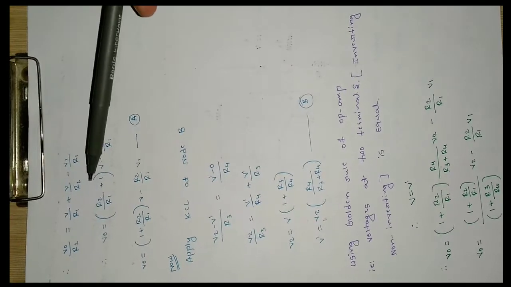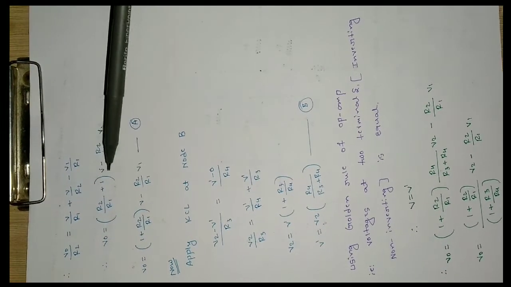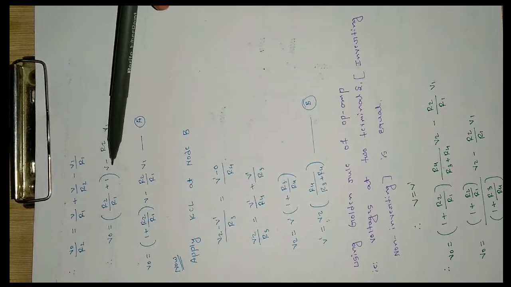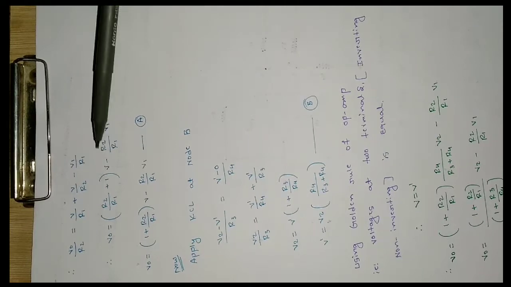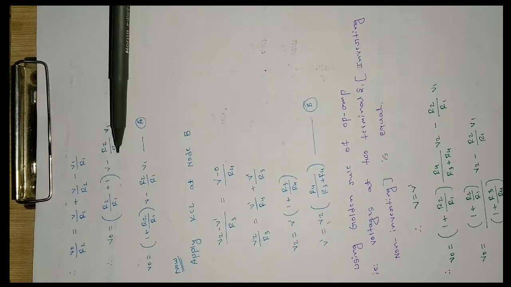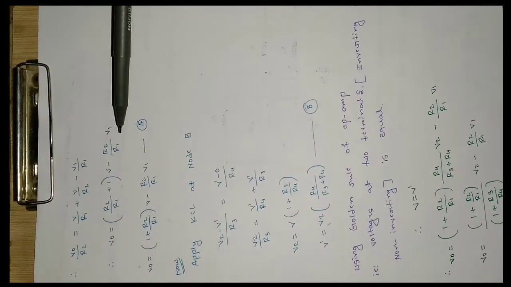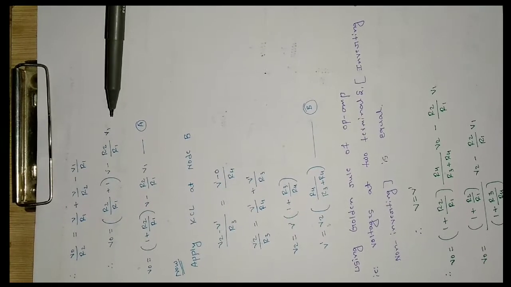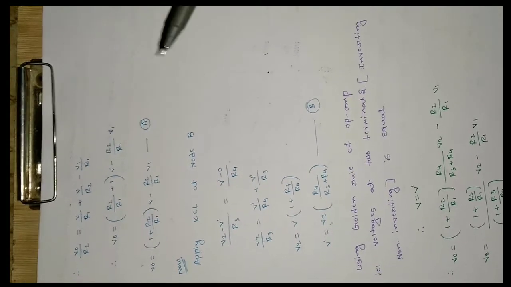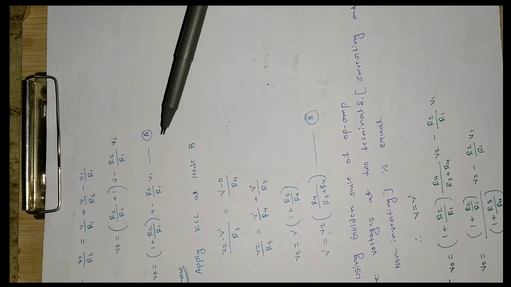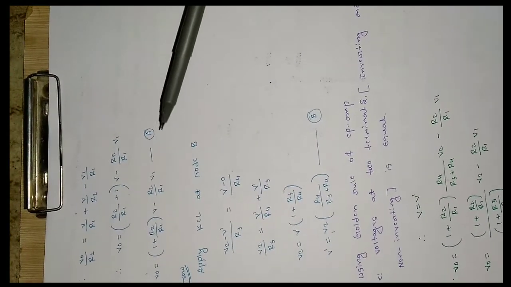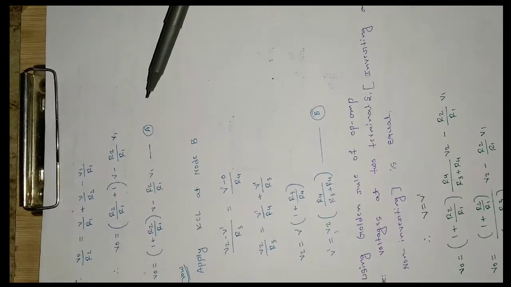Taking V common, we get R2 by R1 plus 1, into V, minus R2 by R1 into V1. Further simplifying, V naught will be equal to (1 plus R2 by R1) into V minus R2 by R1 into V1. Let us say this is equation 1.